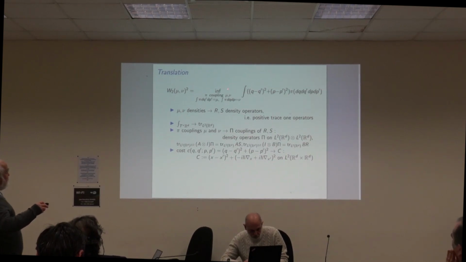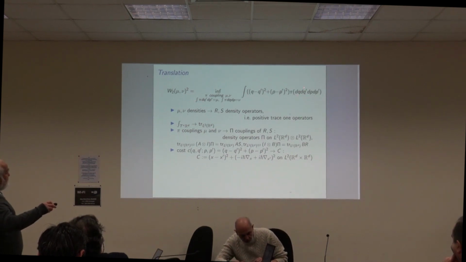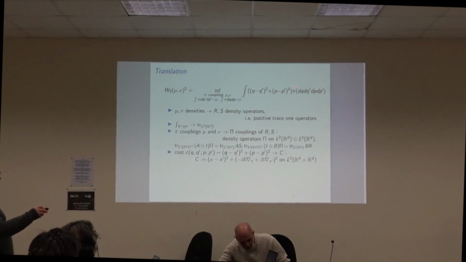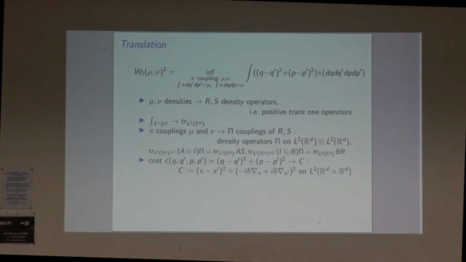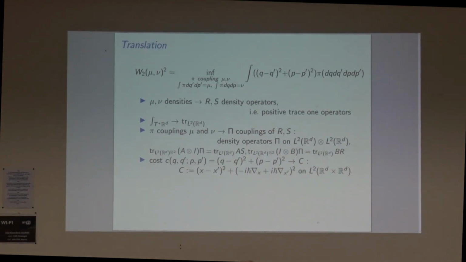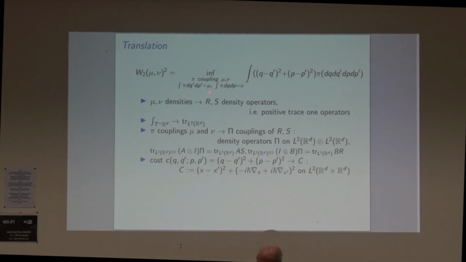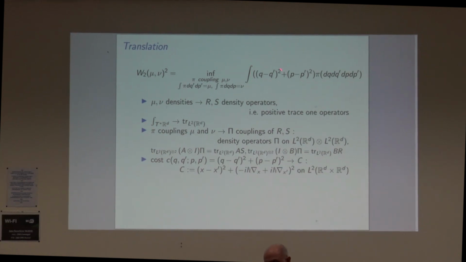And this pi is supposed to couple mu and nu, which means that if I integrate over the two last variables, q prime and p prime, I get mu, the first one. And if I integrate over the two first ones, I get nu, the second one. You can talk about conditional probability, you can talk about marginals. It's a definition of what a coupling between two measures is. And you integrate over this cost function, coupling the two sets of variables in this way.